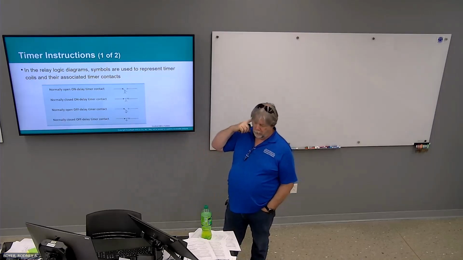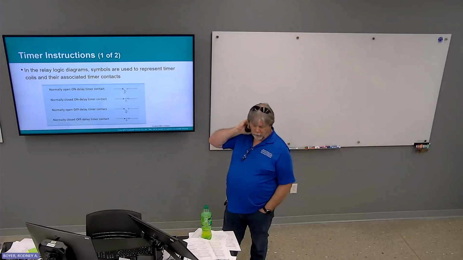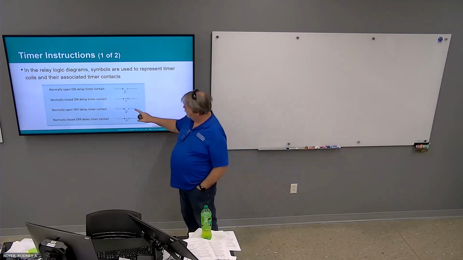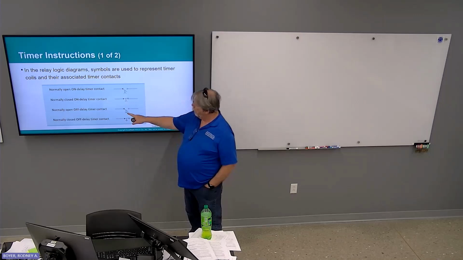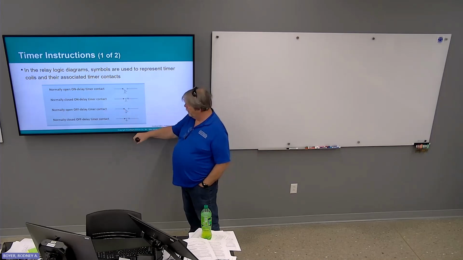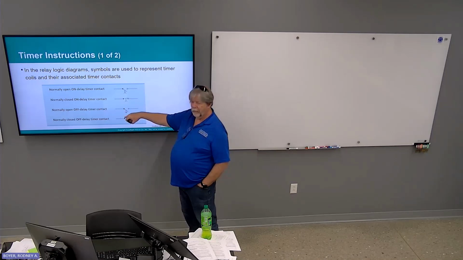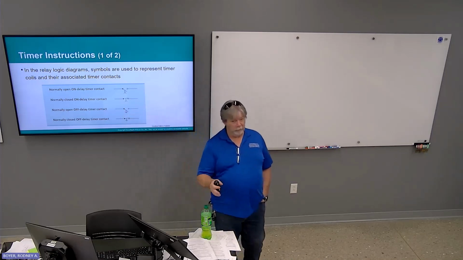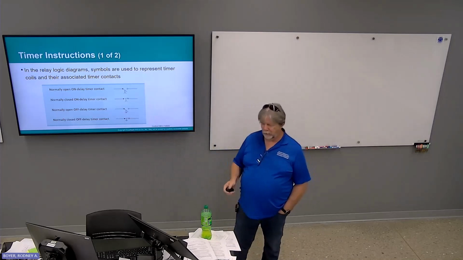Normally closed on delay, normally open off delay, so it'll close, and then when the timer times out, it's going to open, and then normally closed off delay, so it's going to open, and then when the timer times out, it's going to close back up. Okay, I'm going to explain that more here in just a little bit, so don't get too excited.